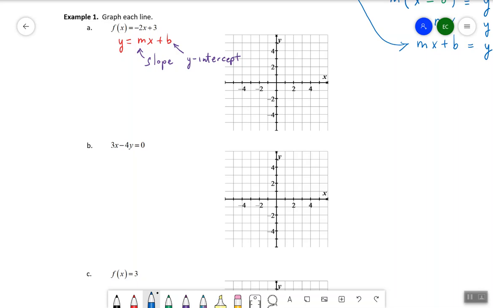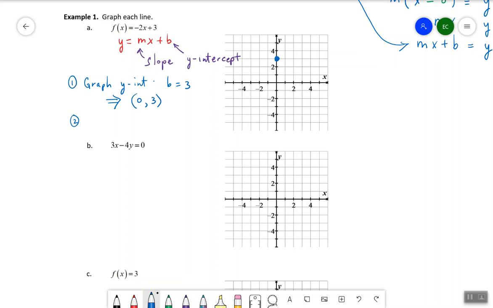And so we can start by graphing the y-intercept. The value of b in this equation is 3. And of course, the x-coordinate that goes with that is 0. That's what it means to be a y-intercept. And so we can plot the point at (0, 3).